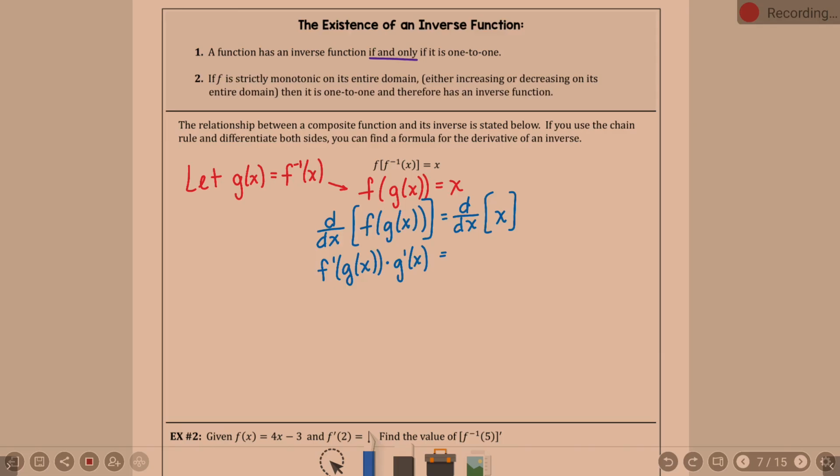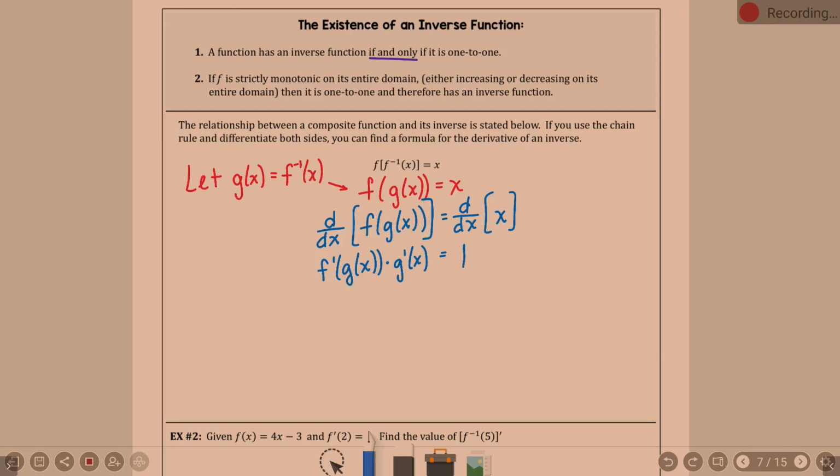And then the derivative of x with respect to x is 1. If you multiply dx over x, you get dx over dx, so that's going to reduce to 1.